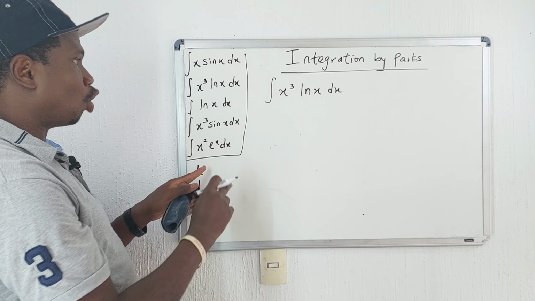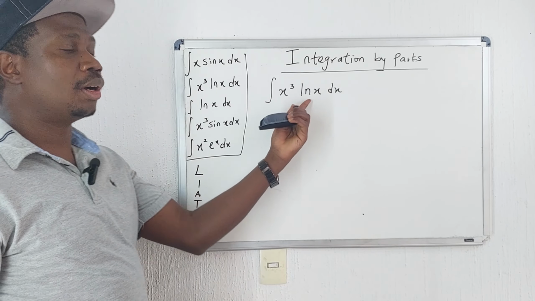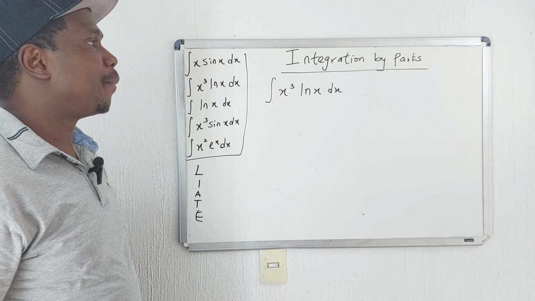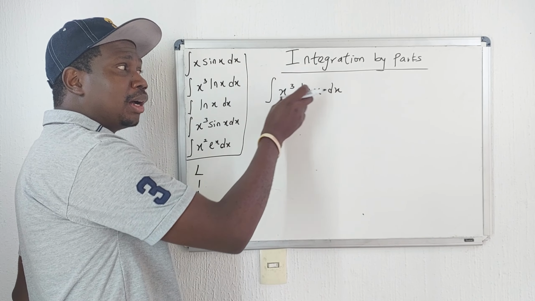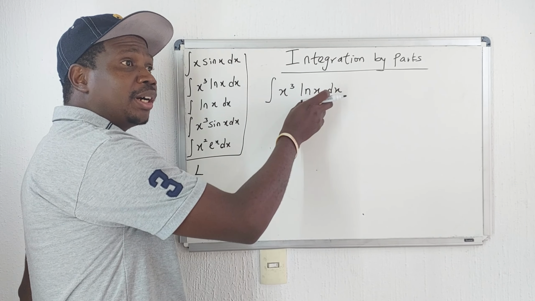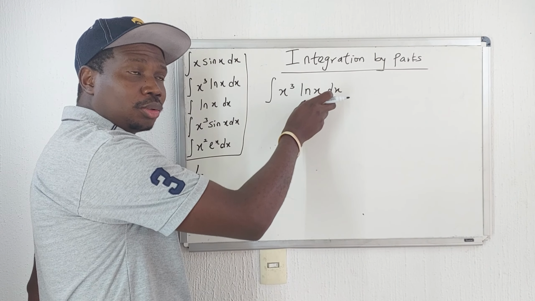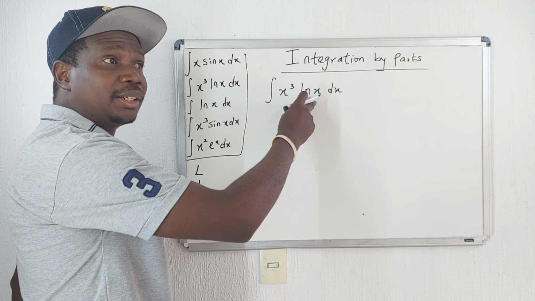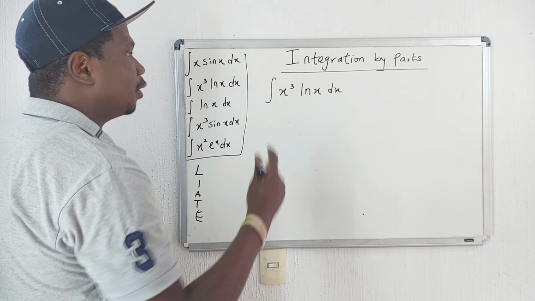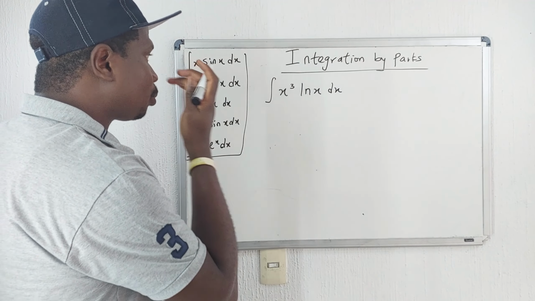The logarithmic function comes first, so we have to use it as our u, because if you take x cubed as u, it will be hard to find the integral of ln x. That's why we use ln x as our u, so I can find its derivative. It's easier to get the derivative, which you know is 1 over x.